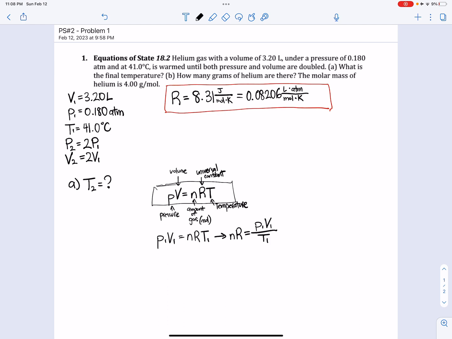And I'm being asked to find the final temperature. So I'll just write down the ideal gas law equation, but for my final state. So final pressure times final volume is equal to the amount of gas, the universal constant, and my final temperature.